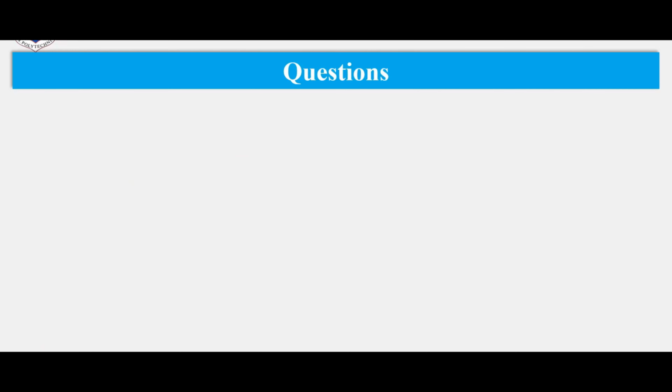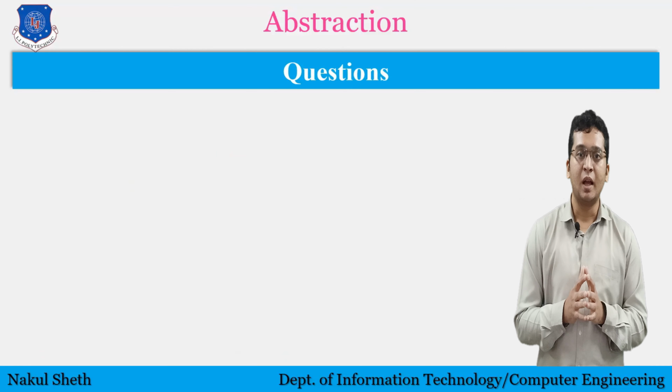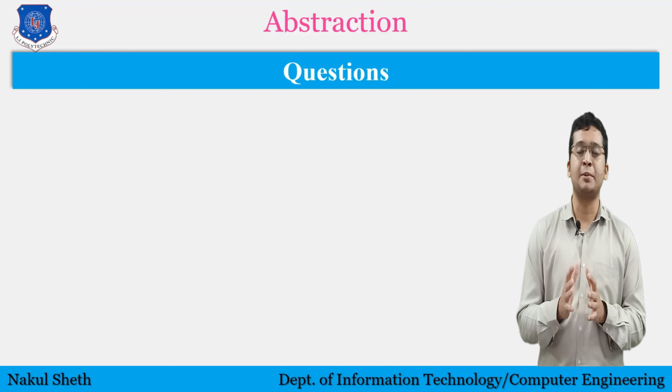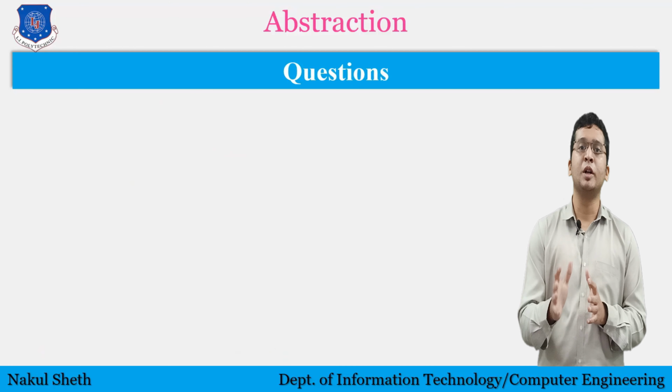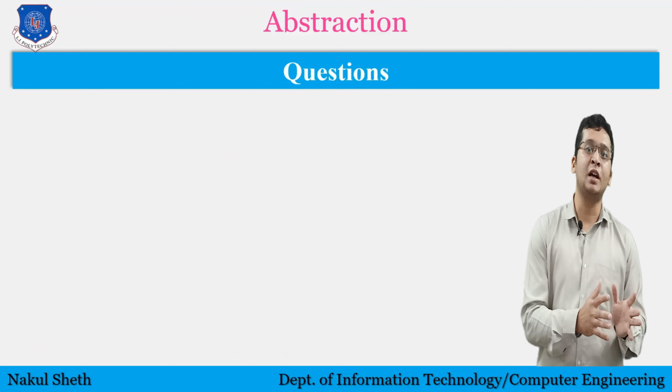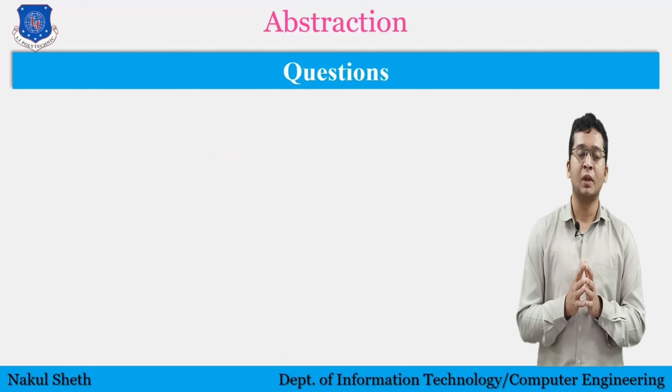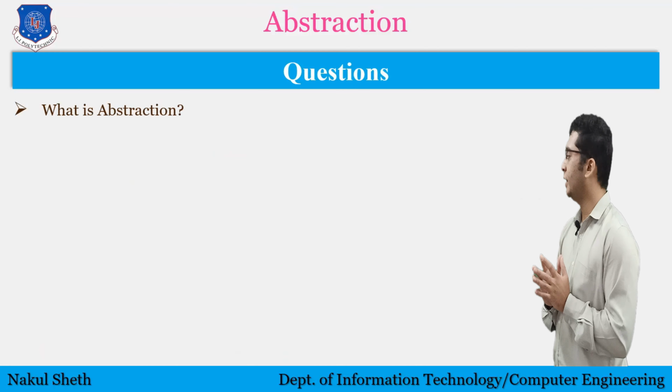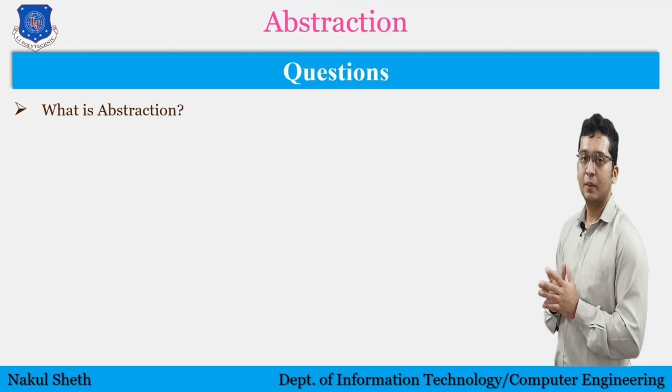So students, I hope you understand what abstraction is and how to achieve abstraction using an abstract class and abstract method. Now let us see some important questions regarding this topic. First question: what is abstraction?